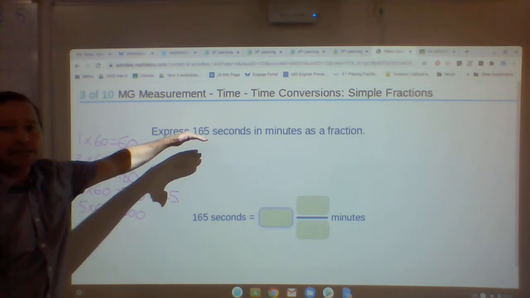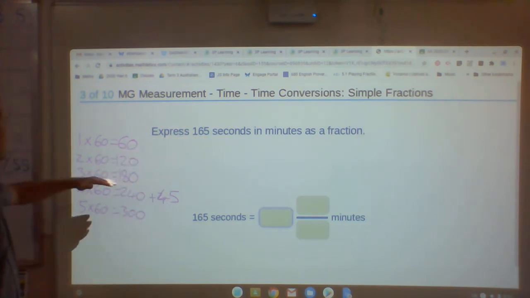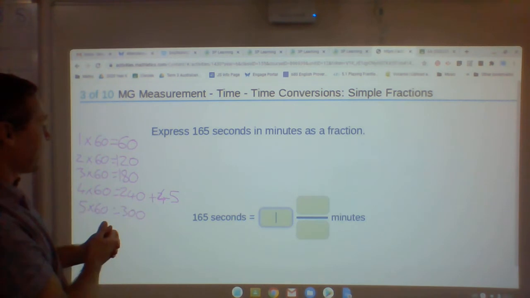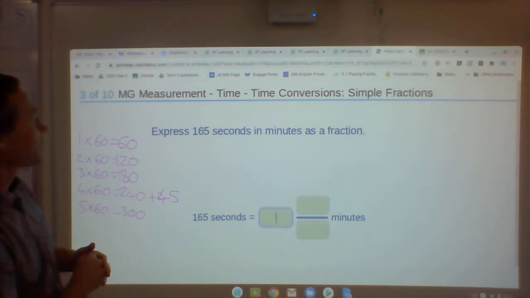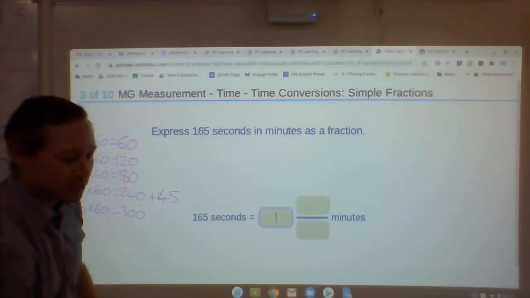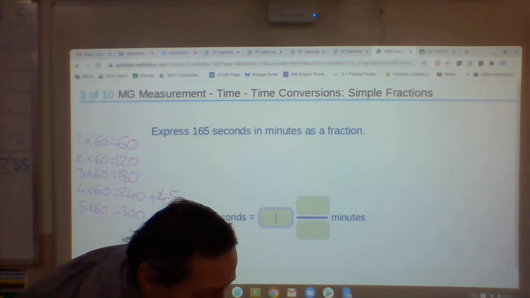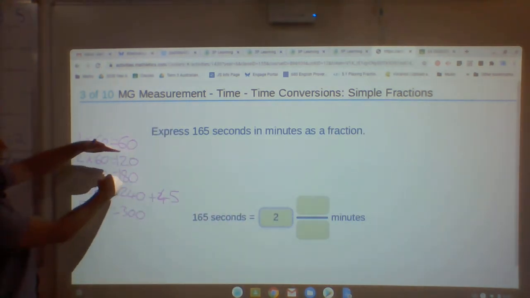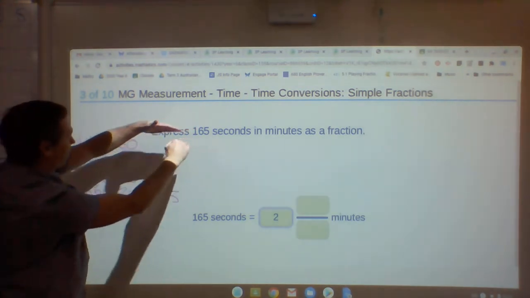So that must mean it's going to be 2 and something, because we know 3 would be 180. So I know this will be 2 minutes because 165 fits in between 120 and 180.